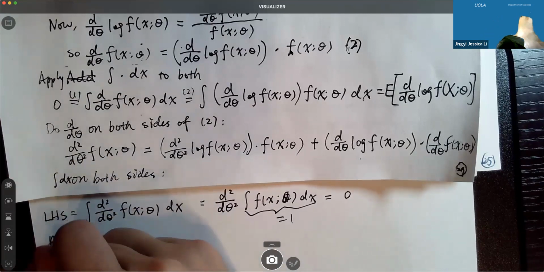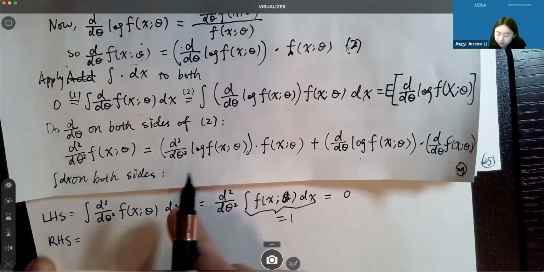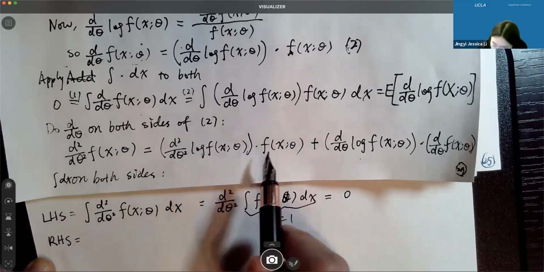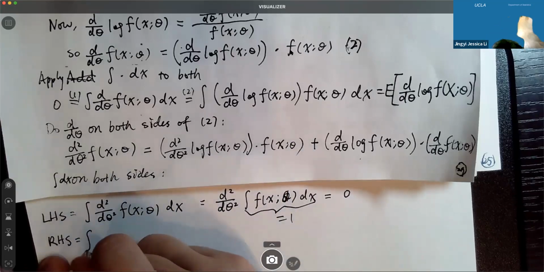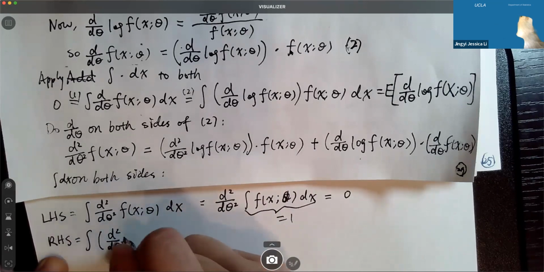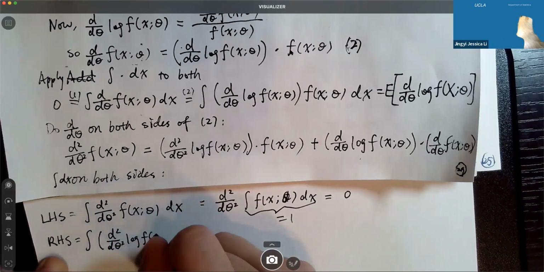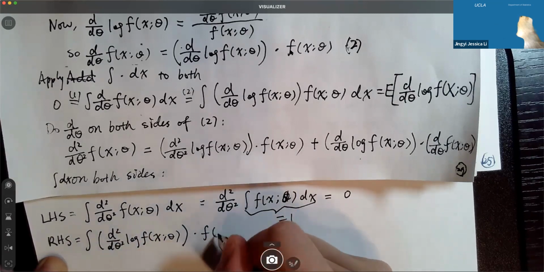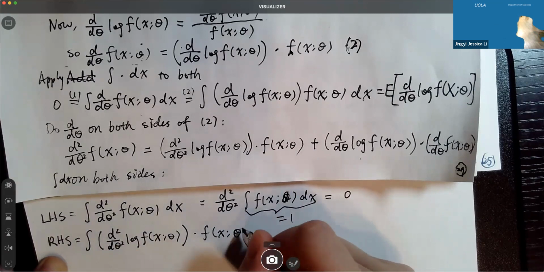For the right-hand side, if we do the integration dx here, then by definition, let me write one more step, times f(x, theta).